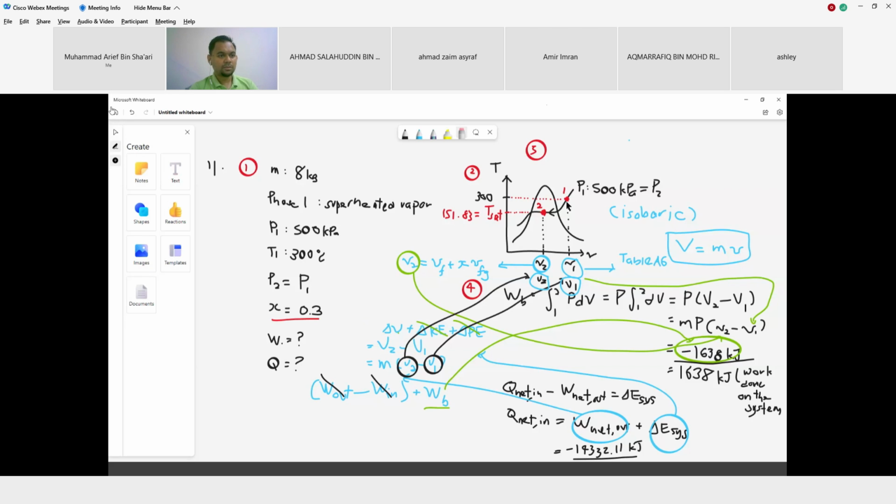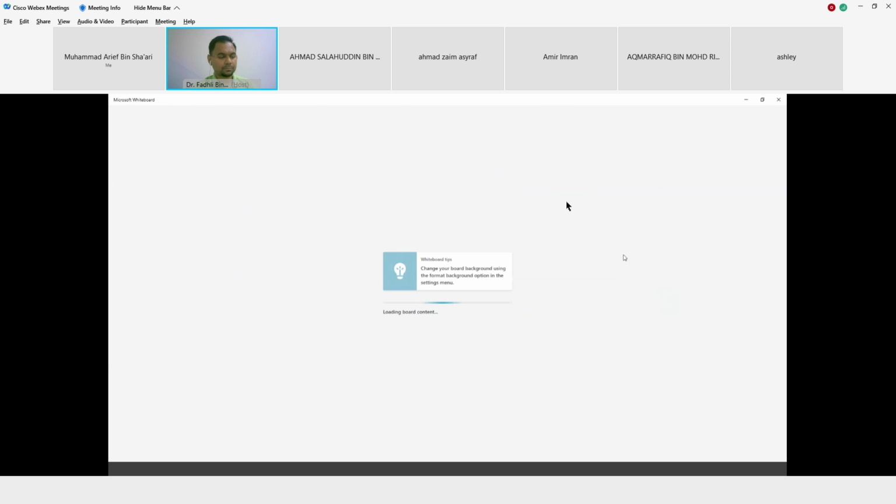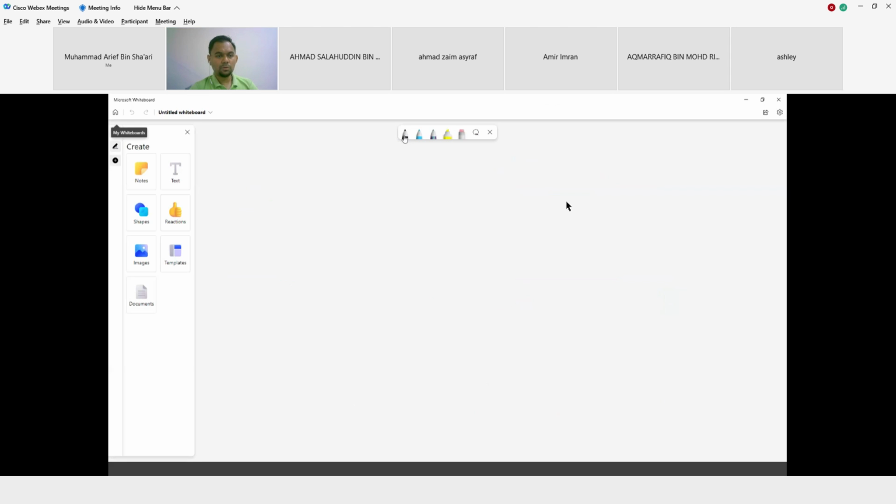Okey, tak apa. Saya buka satu lagi whiteboard. Okay, untuk dapatkan Q, sekarang ni soalan yang kedua. Kita perlu dapatkan Q, heat transfer.